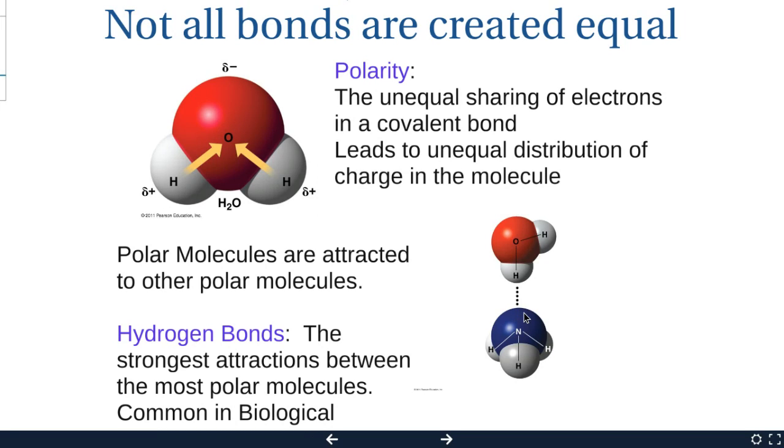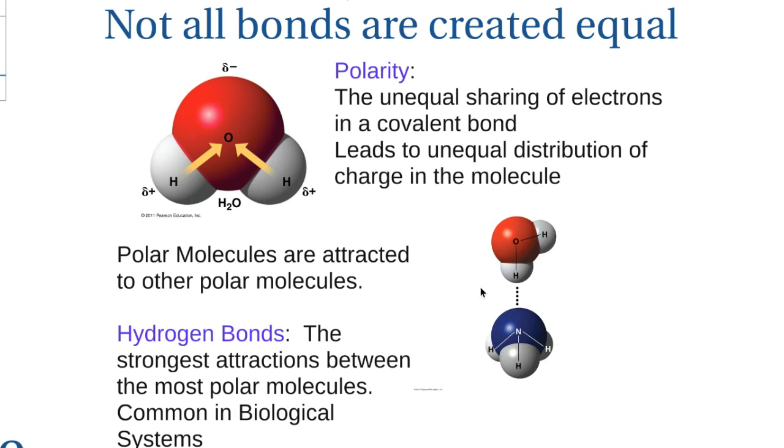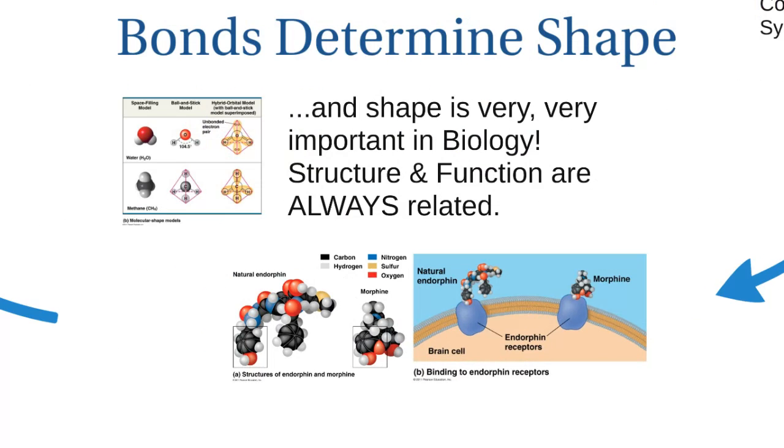Here you have a negative nitrogen instead of an oxygen interacting. So when you see dots like this, this is a hydrogen bond. It's technically not a bond, it's an attractive force, but it's still a very strong attractive force between them. And it still carries the term bond, even though it's not a technical bond.